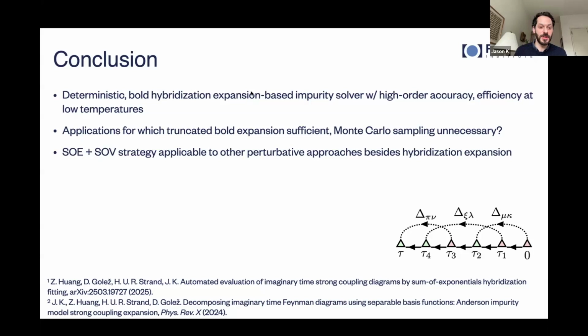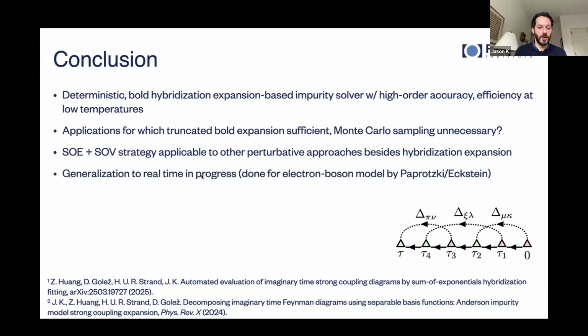Beyond this bold hybridization expansion, the sum of exponentials plus separation of variables strategy that I've talked about is a general idea. I think it's applicable to other perturbative approaches. In our first paper, we described how to do this for weak coupling diagrams. We're working on generalizing this to real time.